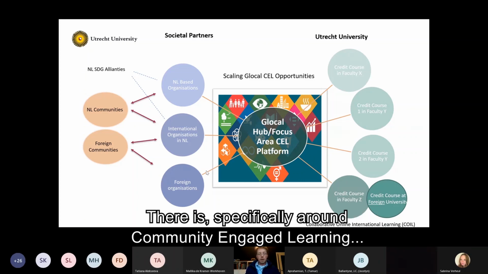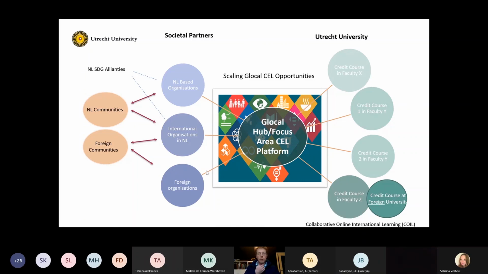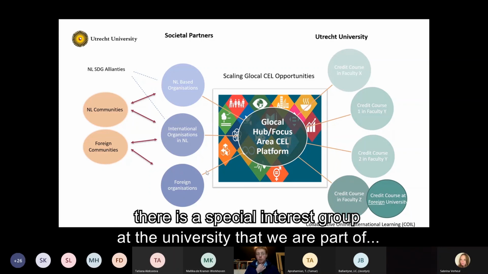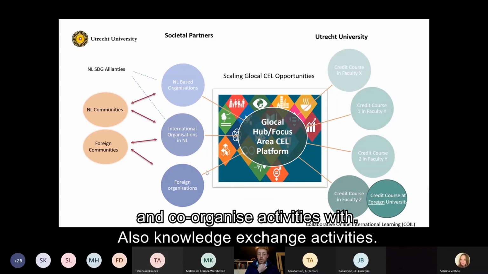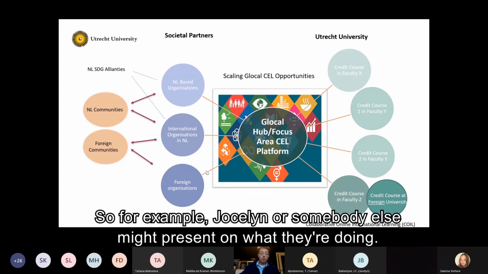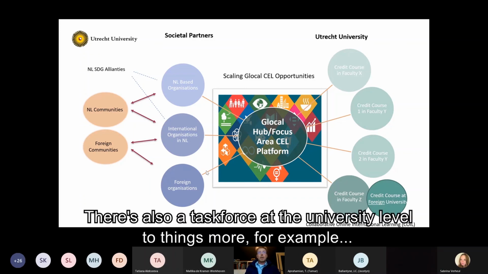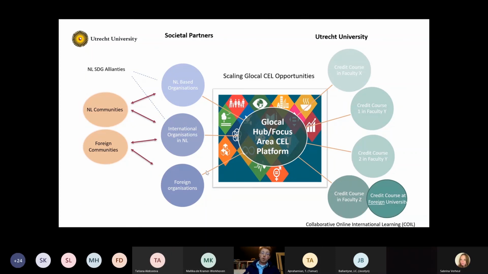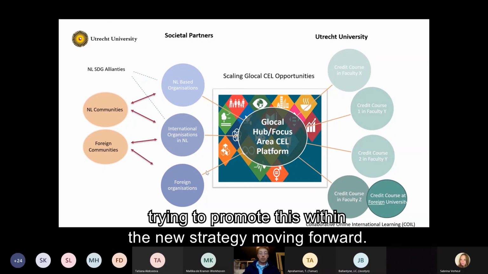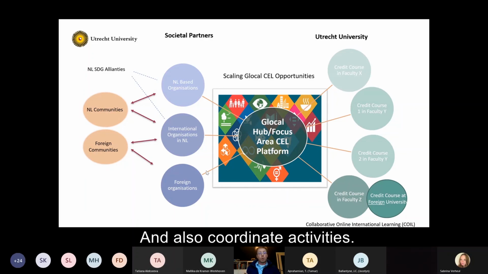Specifically around community engaged learning, there's a special interest group at the university that we are part of and co-organize activities with, also knowledge exchange activities. So for example, Jocelyn or somebody else might present on what they're doing. There's also a task force at the university level to promote this within the new strategy moving forward, and also coordinate activities.